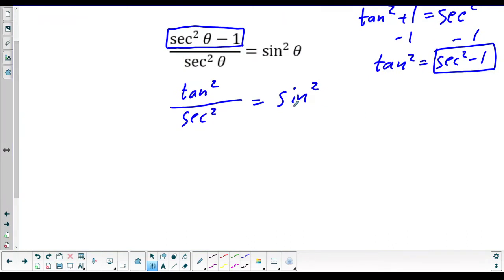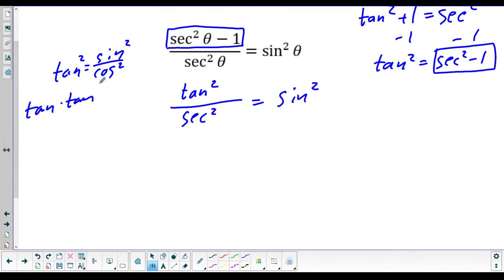All right. So now we think to ourselves, all right, I'm trying to get to a sine. I better turn this tangent into something with a sine in it, right? So tangent equals sine over cosine. Tangent squared equals sine squared over cosine squared, right? Tangent squared is just tangent times tangent.